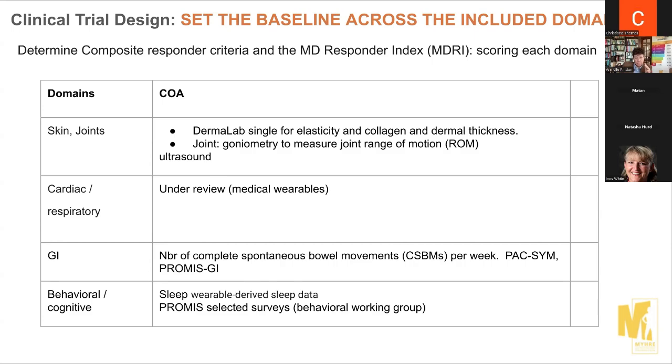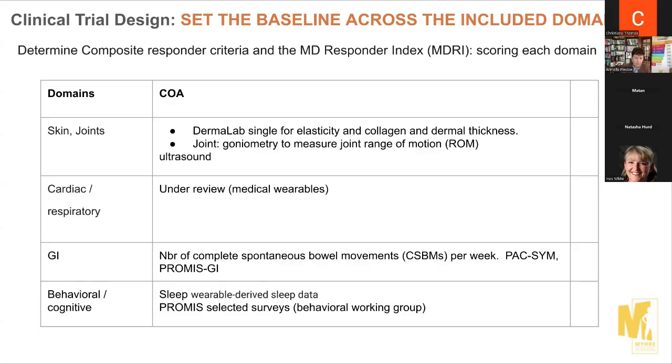So those are the 4 domains that we are going to study, and we are going to make a composite responder criteria. So by having some responder index for each domain, and then you score each domain and you make a kind of equilibrium between the different domains.